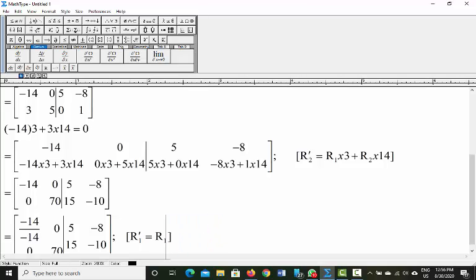The formula is, whatever we have in row 1, we divide it by minus 14. So all the elements of that row need to be divided by minus 14.